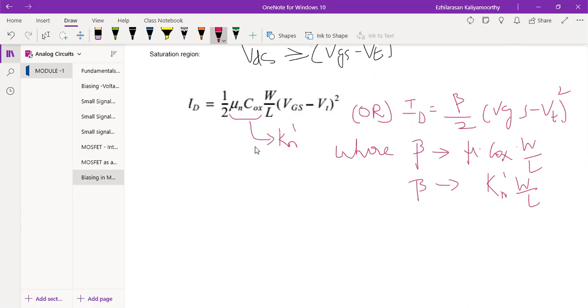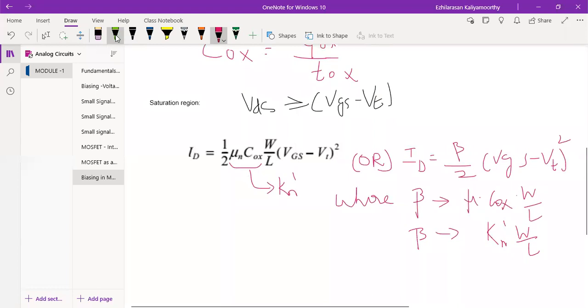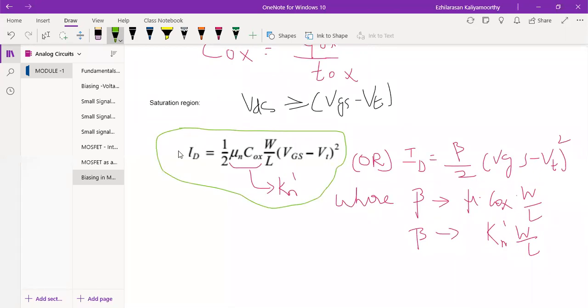So no problem. This is a process dependent parameter, Kn, which has the mobility and the C oxide capacitance. So you need to be very clear, this is a very important expression, this equation you need to remember.